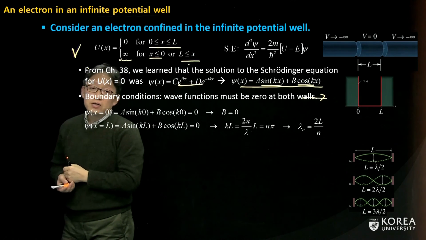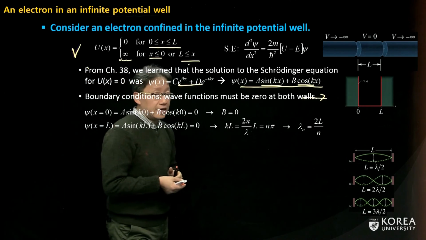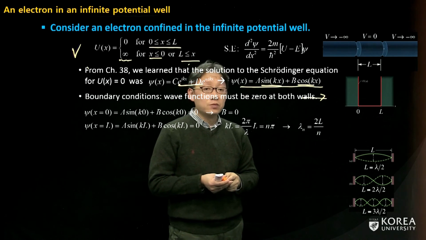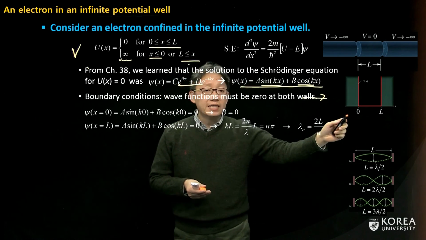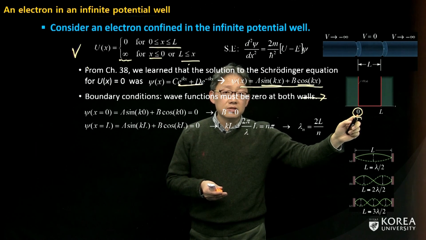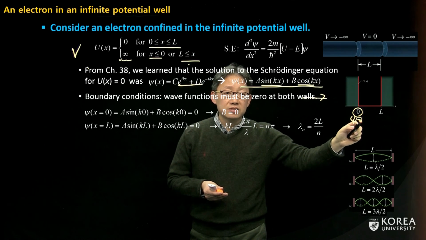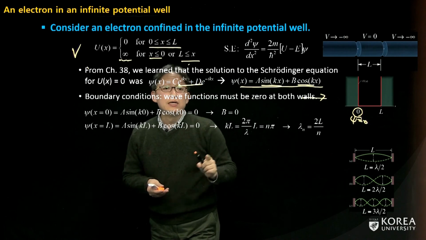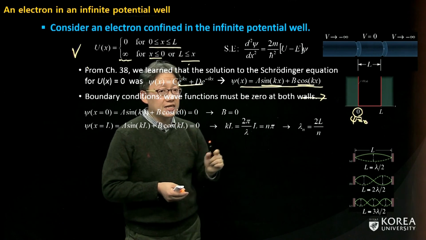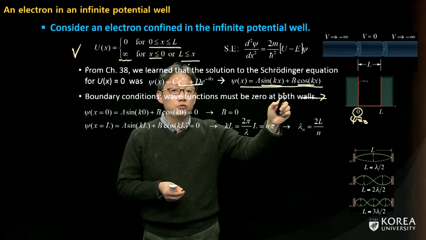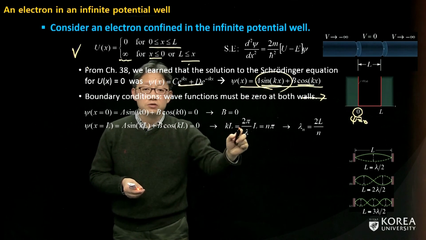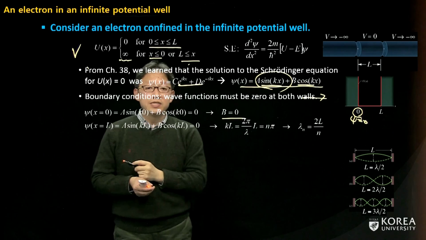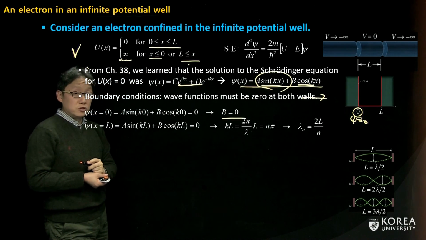In order to do that, let's go back to the confinement principle. According to the confinement principle, when x is equal to 0, the wave function must be 0. The cosine function cannot become 0 there, which means we need to use the sine function only. So we can conclude that B must be equal to 0.